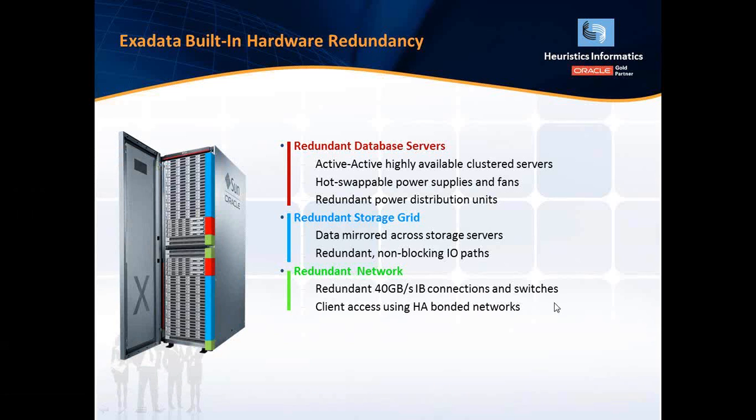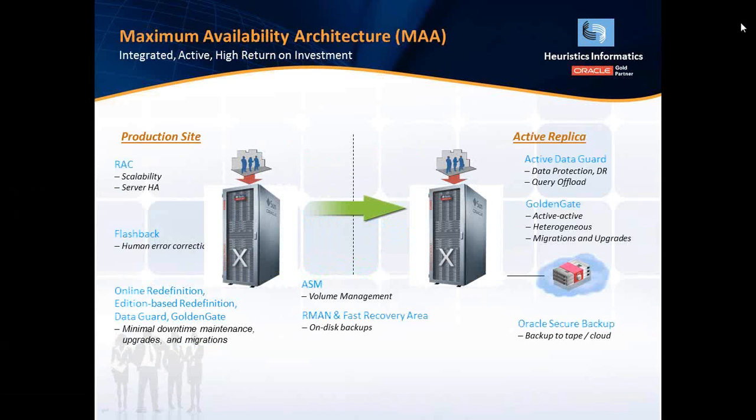Then you've got Flashback Database, which will allow you to recover from human errors, maybe incorrect data updates, maybe some tables being dropped or some data being deleted by mistake.